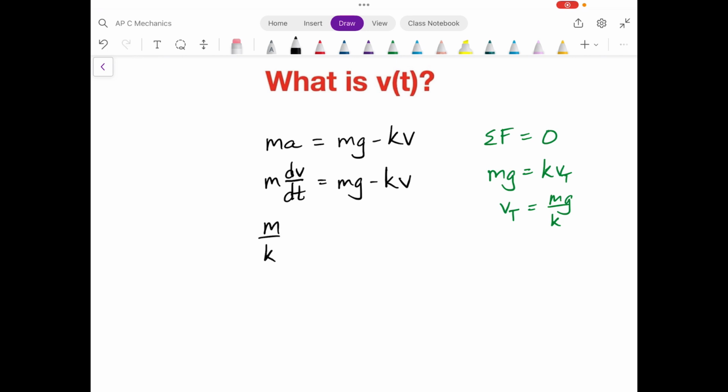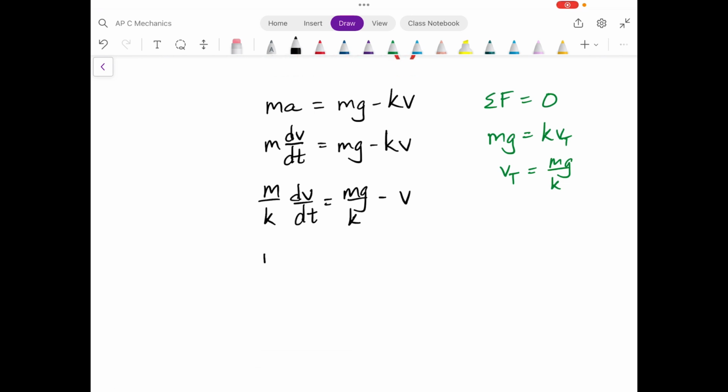So that's m over k dv/dt equal to mg over k minus v. And now I can substitute vt in there. So m over k dv/dt is equal to vt, the terminal velocity, which is a constant value, minus the velocity.